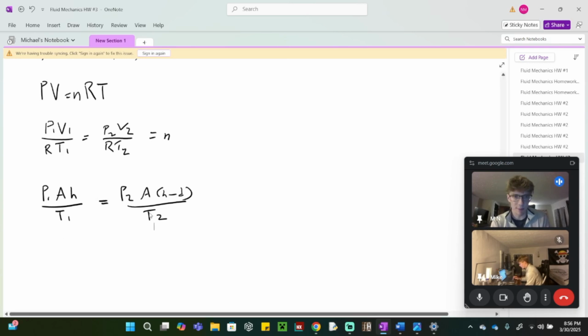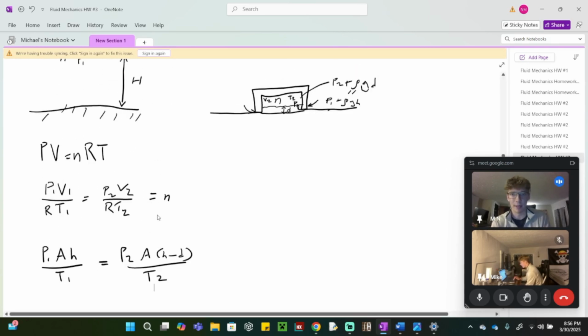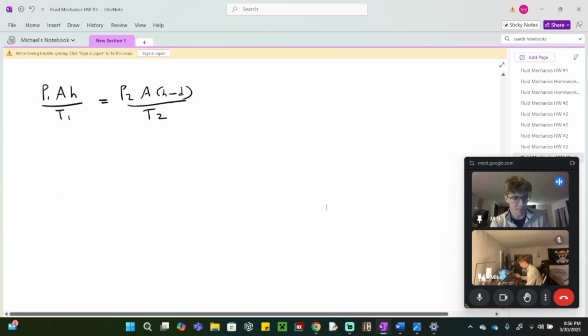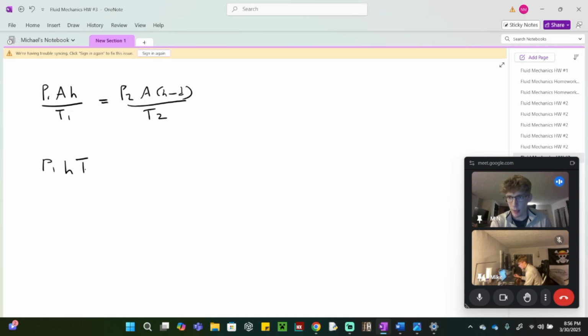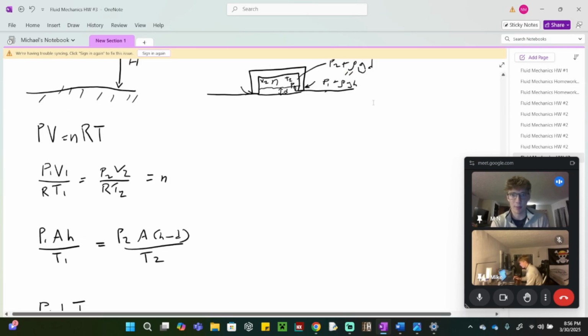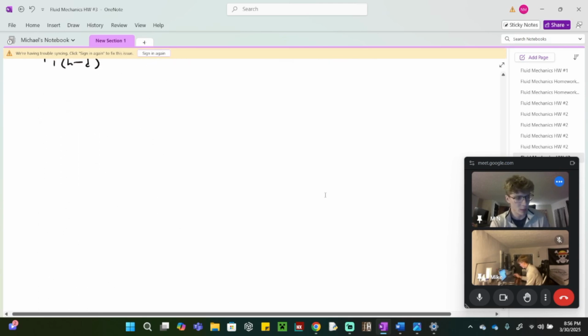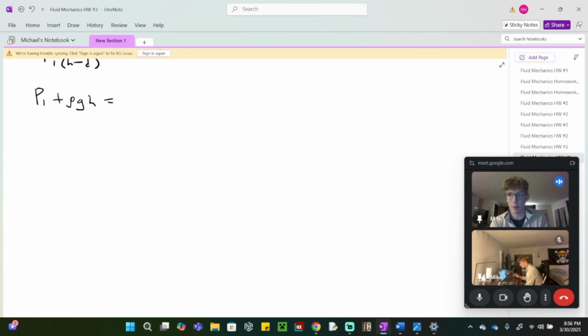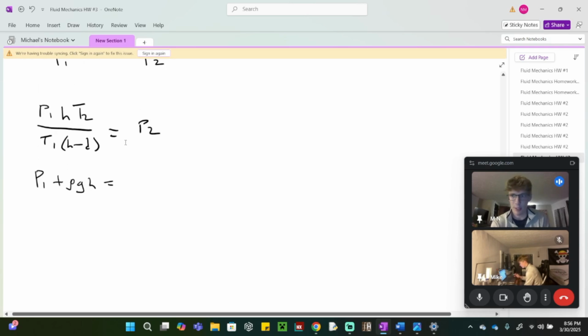And we're going to try and solve for P2 here to help simplify this equation. So we get P1, the A's cancel, h T2 over T1 (h minus d) equals P2. And we're going to replace P2 into our equation up here. So we get P1 plus rho gH is equal to, and remember it was P2 plus rho gd.